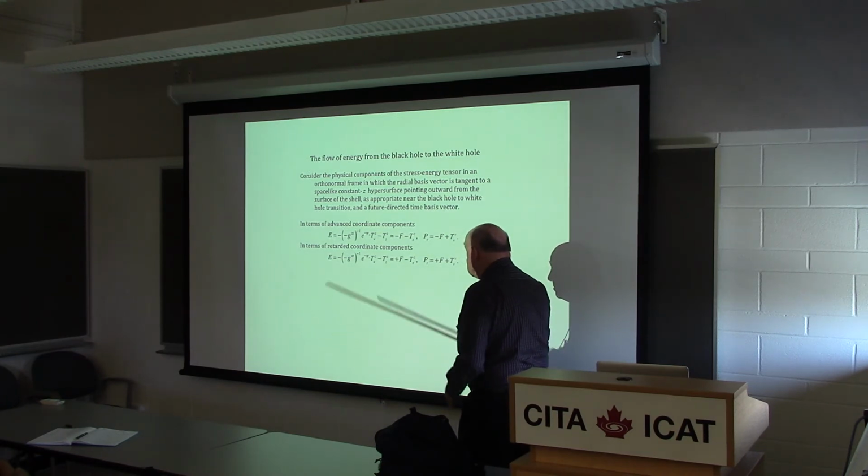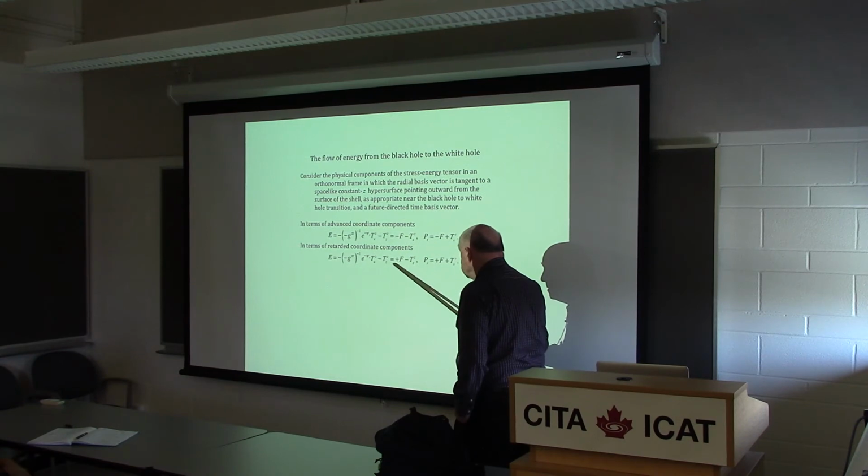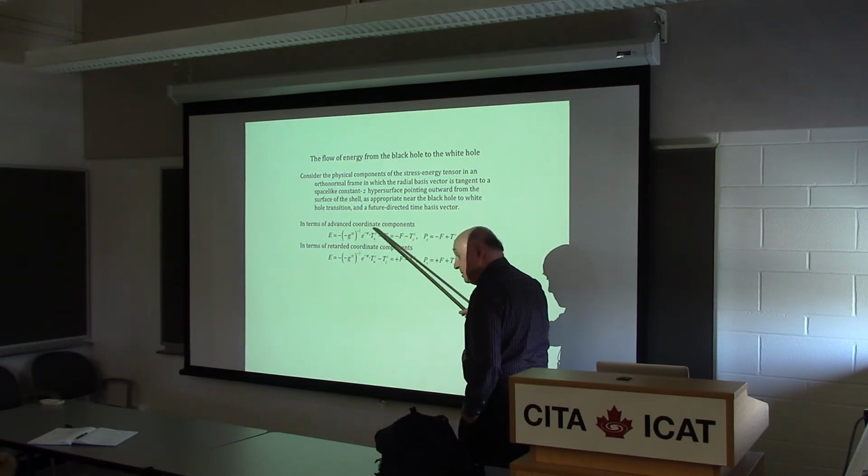Now, in retarded coordinates, there's a flip in the sign here on F. So in retarded coordinates, which we're using in the white hole, F goes to 0 linearly in Z, just as dVz does at the transition.